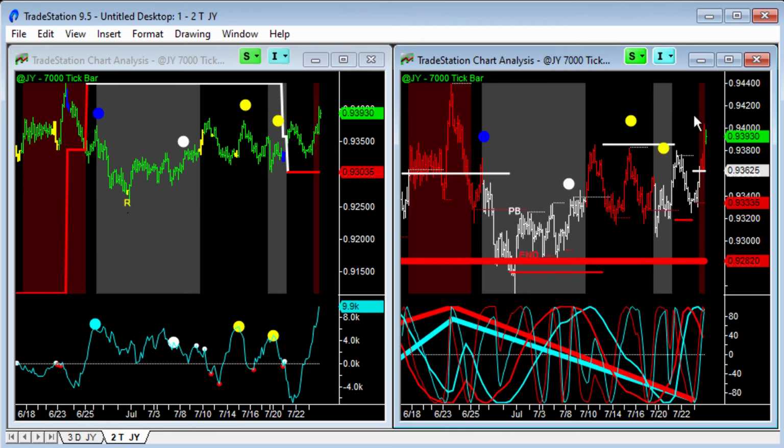Because of those two breaks, we got strength and potential uptrend on Better Sine Wave, and we've got strength and potential uptrend on Better Pro-Am. Those two things are signaling together, so that's why the background with the combo indicator is showing dark red here, because the two indicators are in sync.